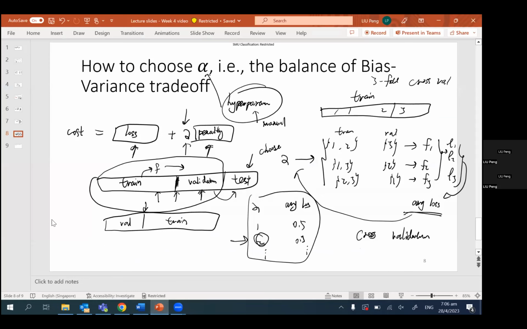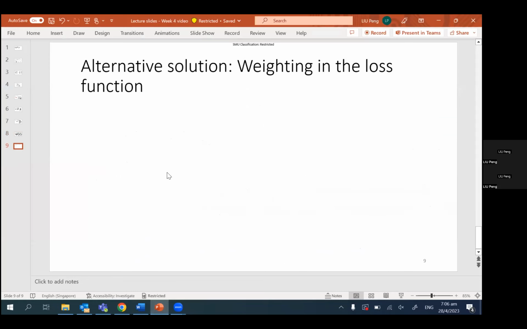Okay, so lastly, let me talk about another way, which is to weight the loss function. Remember that for a particular instance of data, we have yi and the prediction y hat. We just take the square, and this is just one instance. We have multiple instances, we add them together and take the average. So it turns out we are treating every error the same.